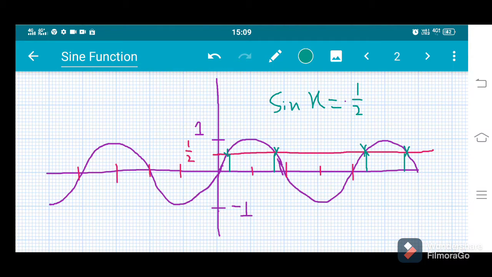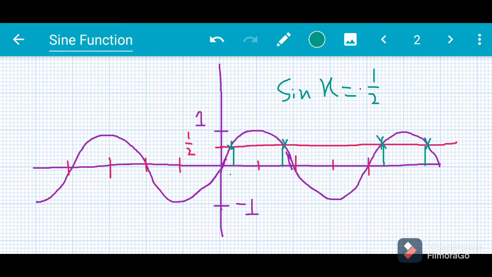So the function sine is not bijective, because for different x1 and x2 we get the same value of f of x1 and f of x2. So it's not one-one, so the question of bijectiveness does not arise.